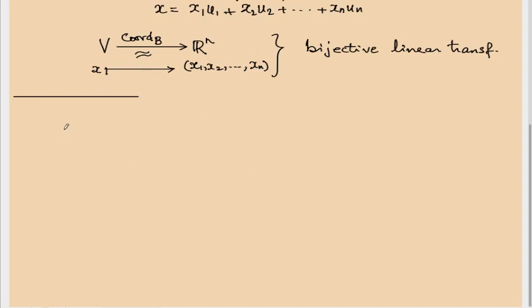Now, remember that a linear transformation is a function. Firstly, it's a function between the vector spaces which preserves the vector space operations.